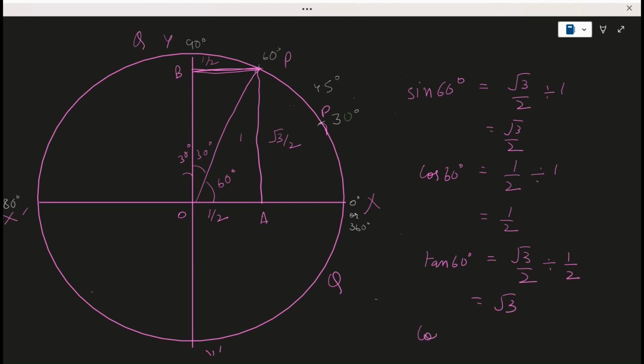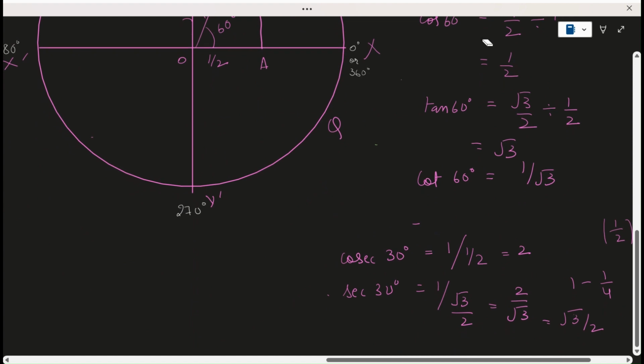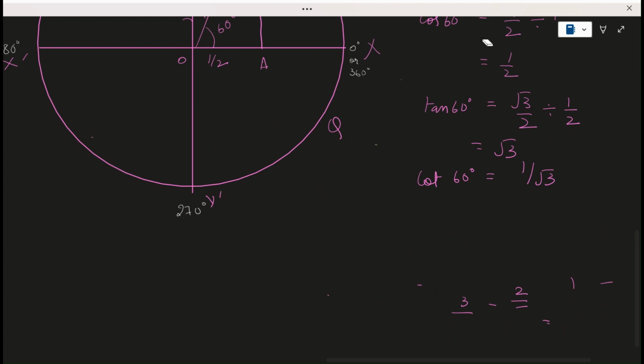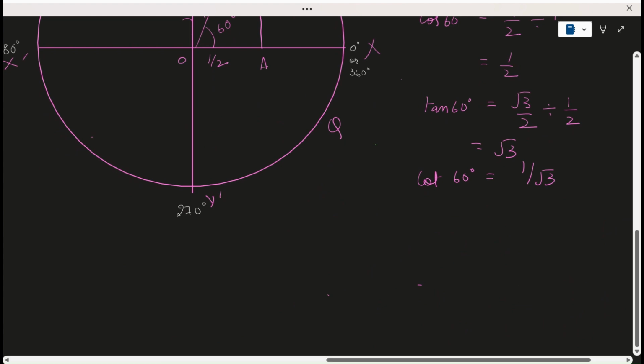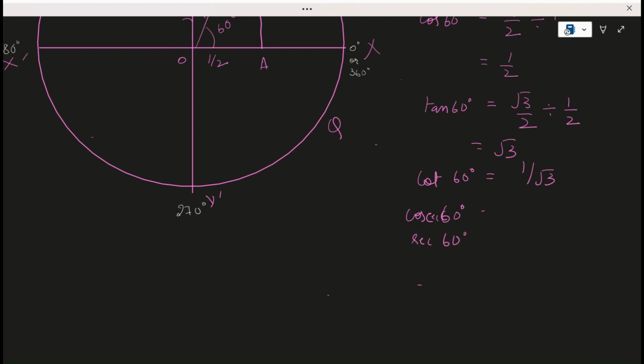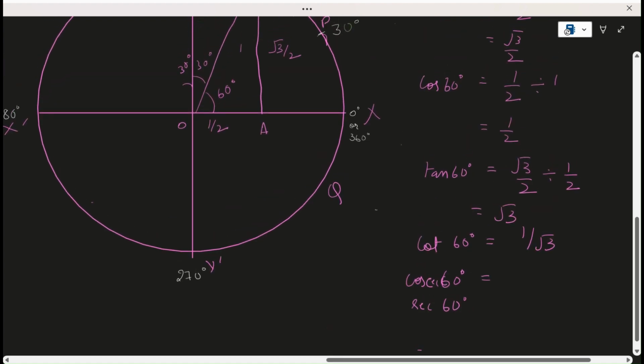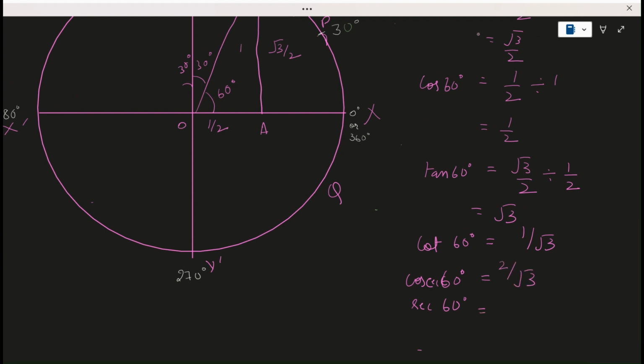And cot 60 degree, that is 1 by root 3, or simply the inverse of our tan. Finally we need to calculate the values of cosecant 60 degree and secant 60 degree. So that will be the inverse of our sine, that will be 2 by root 3, and this will be 2.